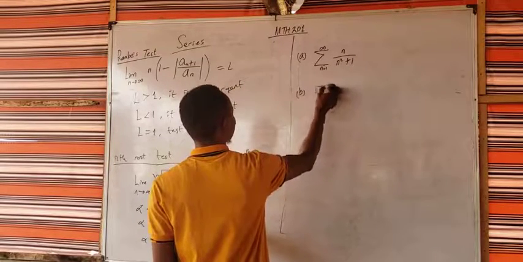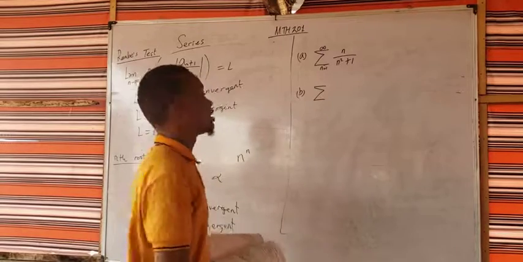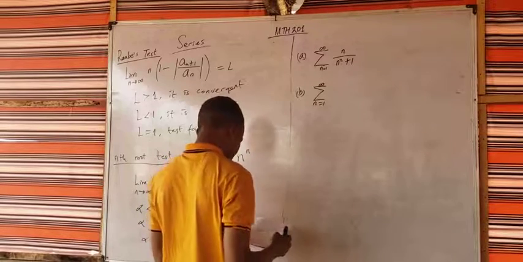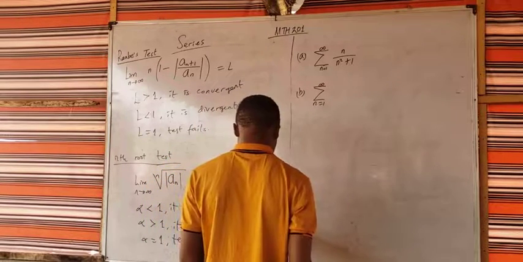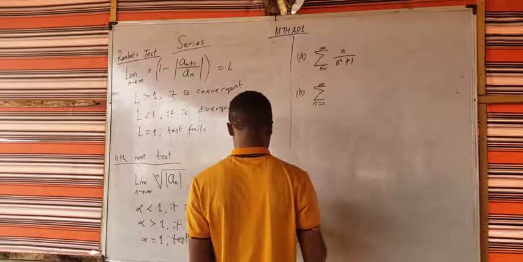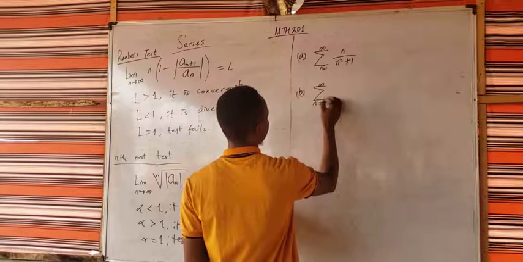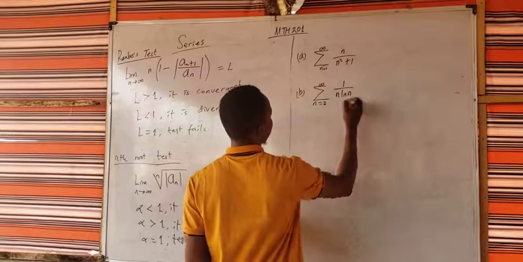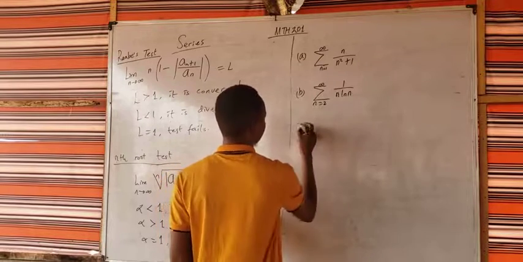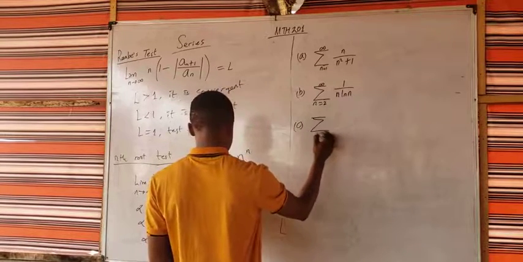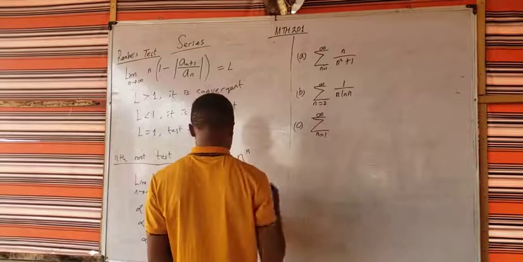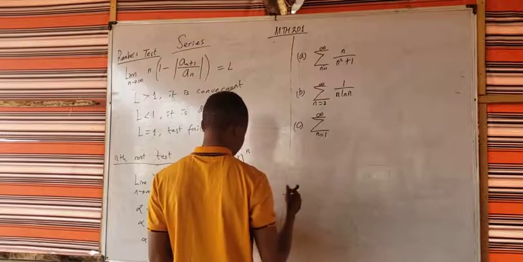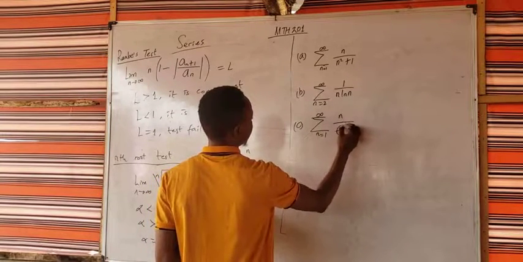You have B. So firstly, tell me what kind of test is appropriate for each of them. What kind of test will you use for each of them? The summation from n equal to 2 to infinity of 1 over n ln n. Then the next one is the summation from n equal to 1 to infinity of n over e raised to the power n squared.